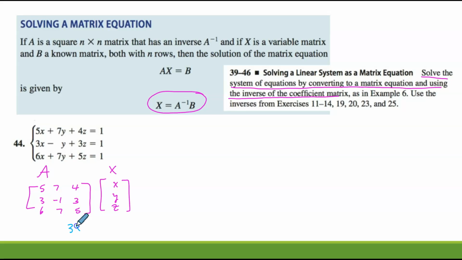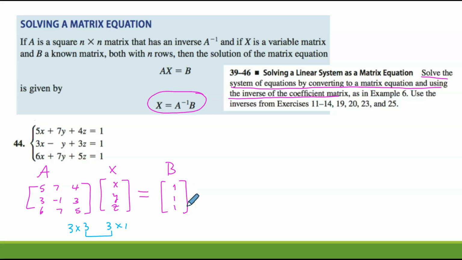Remember, in order to do matrix multiplication, these two numbers had to match. And so I have to have a 3-row something, in this case 3 rows, 1 column. Okay, then we have our equal sign, and then we have a B matrix. The B matrix is 1, 1, 1.